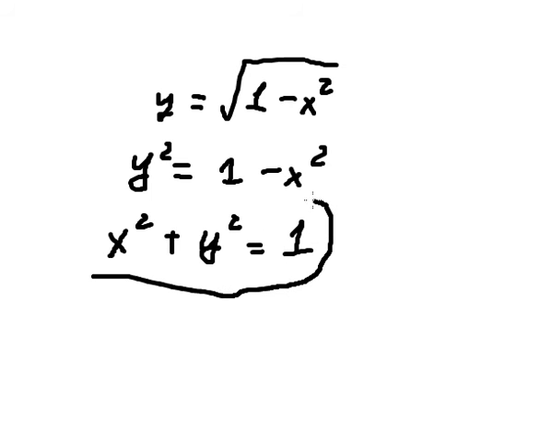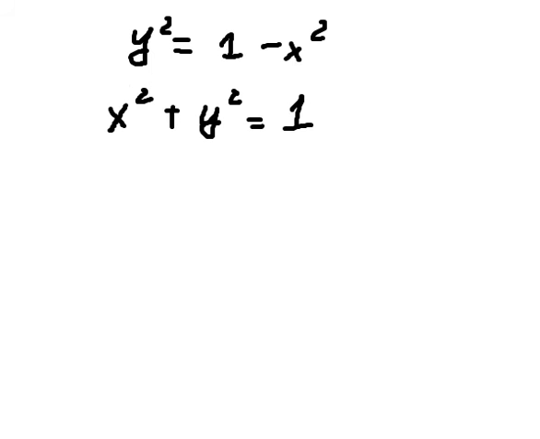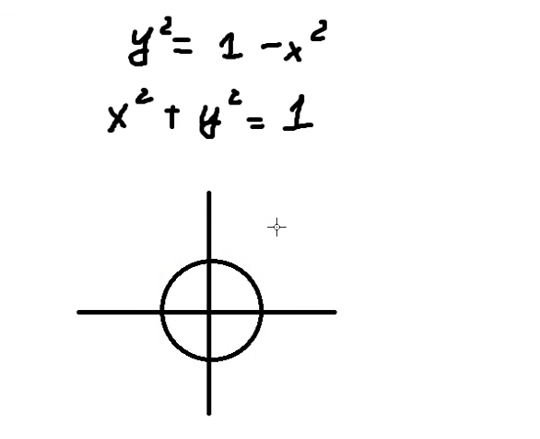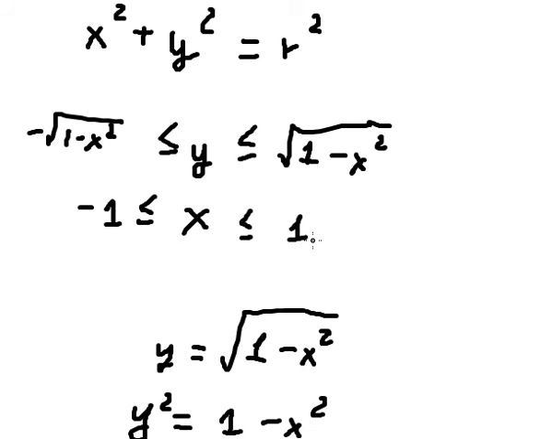And this one is about the circle. So now we can draw the circle in here. So we can see the bounds are between the negative square root of 1 minus x squared and the positive square root.